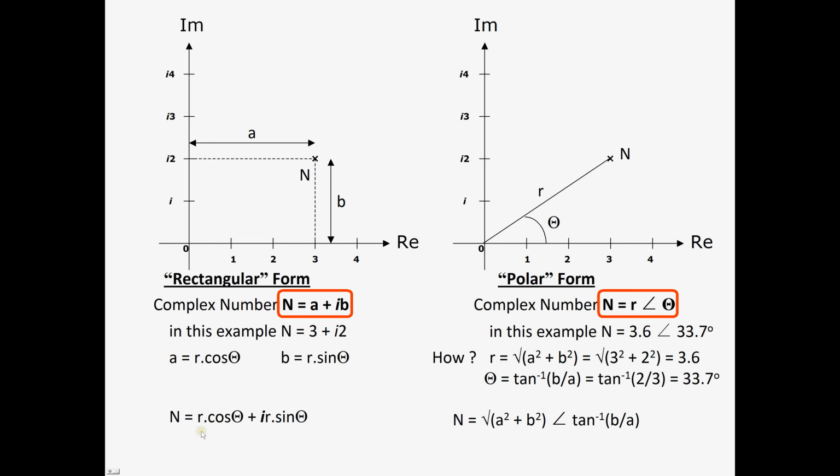So n, the complex number n, expressed in rectangular form, but replacing the rectangular values a and b with the parameters from the polar form r and theta, is r cos theta plus i sine theta.